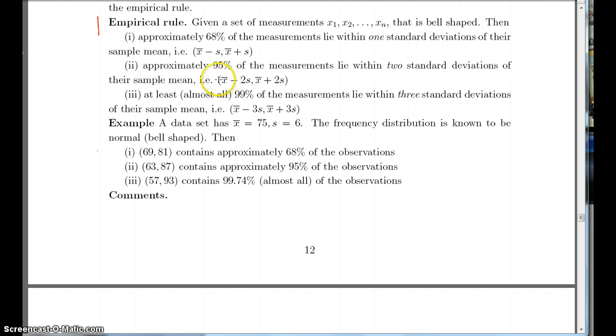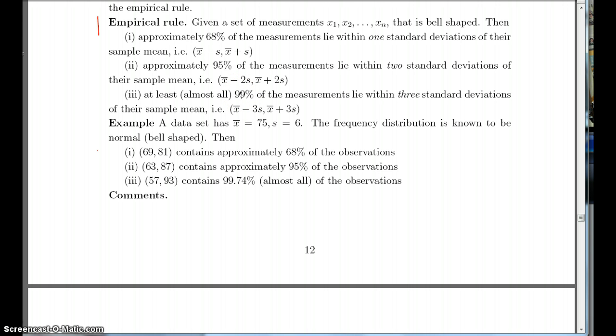So even if we go to two standard deviations, so I take x bar minus two standard deviations to x bar plus two standard deviations, then I know approximately 95% of the measurements lie within two standard deviations. And if I go to three standard deviations, that's going to be almost all, actually more than 99%.